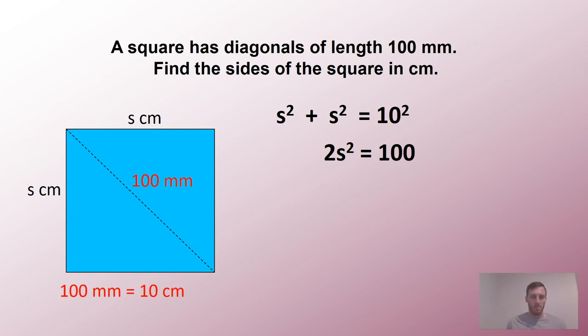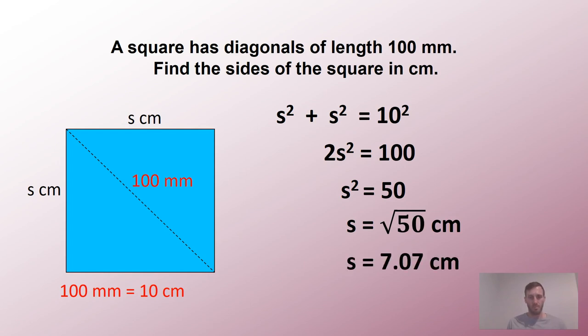Then we divide by 2 to get s squared equals 50. We square root both sides and get s equals the square root of 50 centimeters. That's our exact answer, and we could also solve that to two decimal places. So the sides of the square are square root of 50 centimeters.